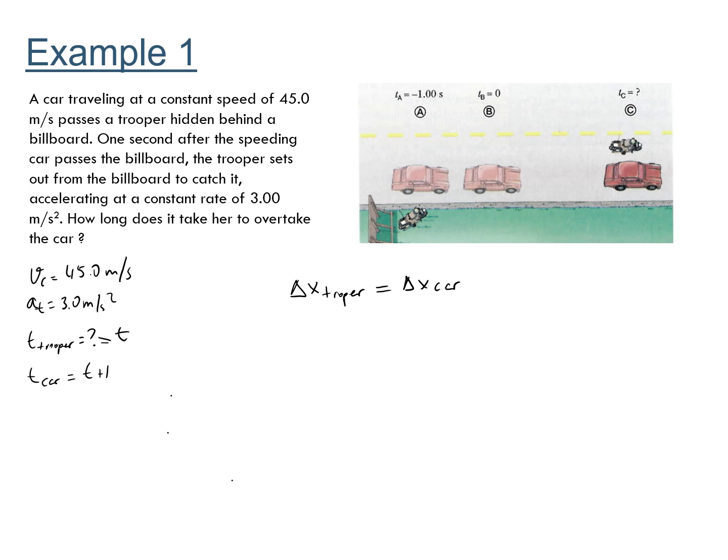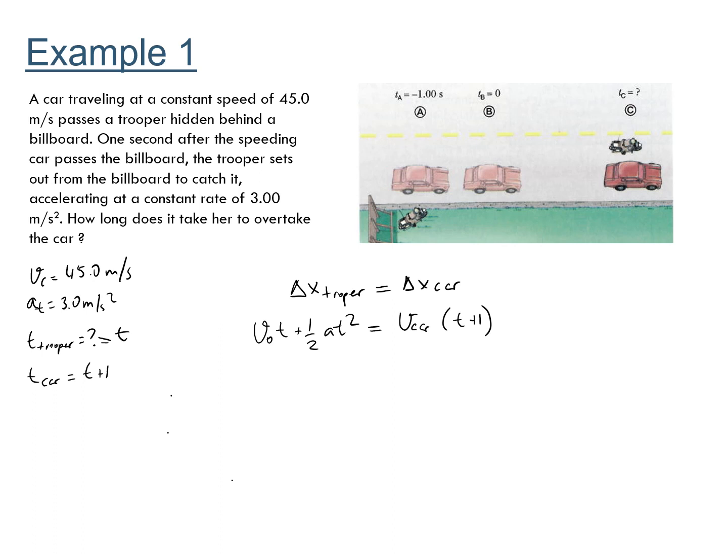So it is v naught t plus 1/2 a t squared. And the car is moving at constant speed, so v car times the time, but its time is going to be t plus 1. There you go. Now, if we solve this equation for the time, which is the time of the trooper, we are going to solve everything about this problem.